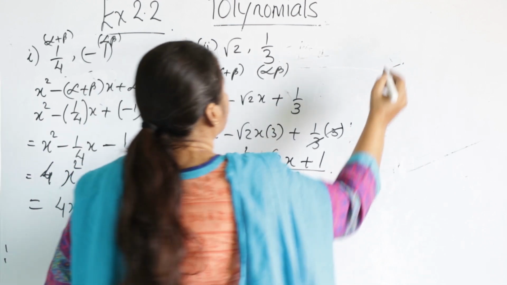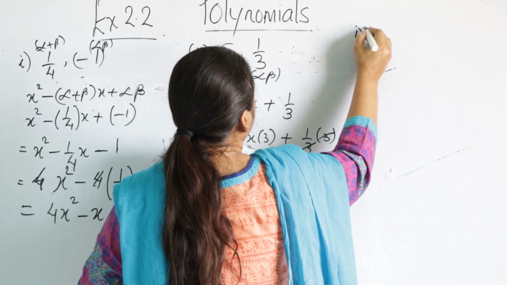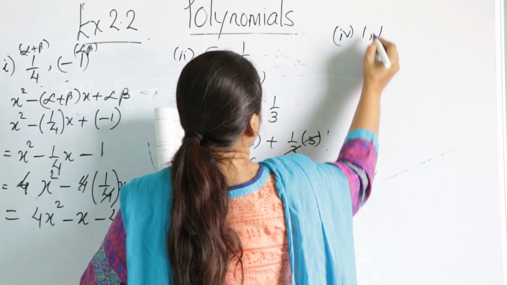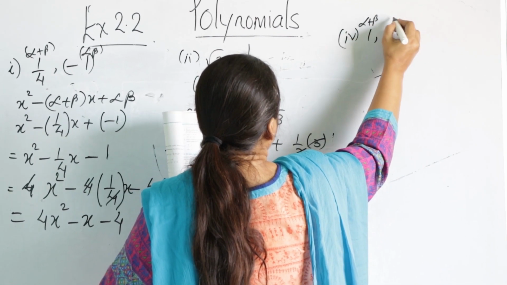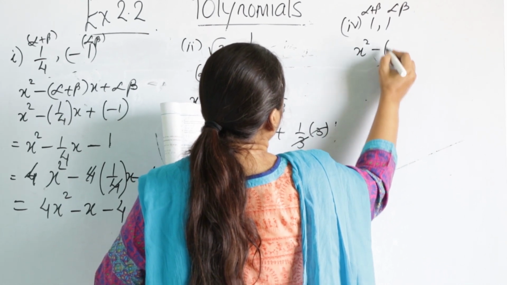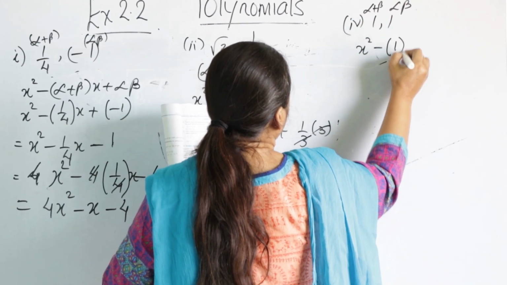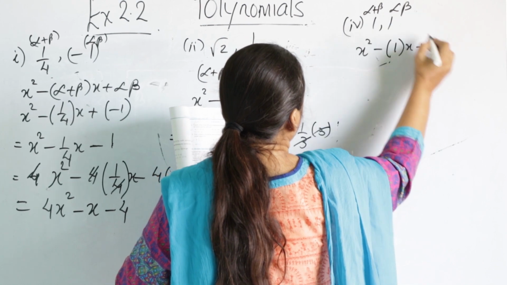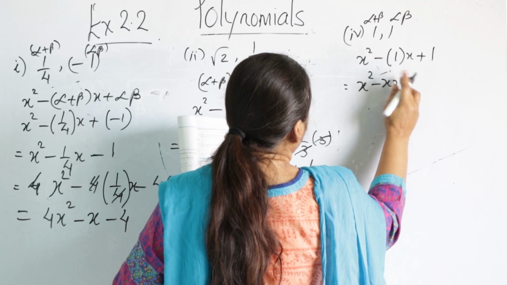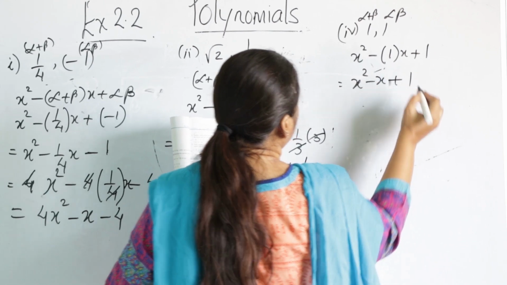Next, let's go to the fourth problem, which is 1, 1. Alpha plus beta, alpha beta. X square minus, what is alpha plus beta? 1. What is alpha times beta? 1. So x square minus x plus 1.